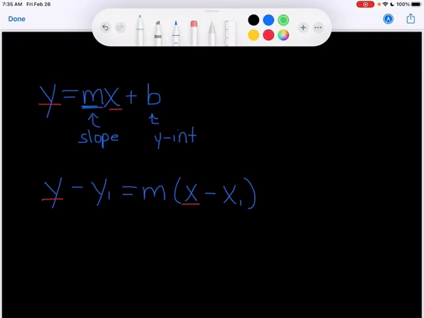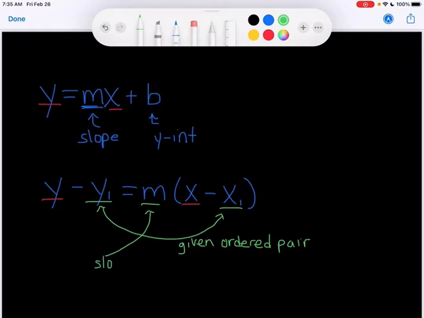But we've got y sub 1, m, and x sub 1 in here. The y sub 1 and the x sub 1 represent a given ordered pair. It doesn't represent all the possible ordered pairs, it's just a given ordered pair. And then m, just like in the other one, is your slope. Again, that is point slope form.